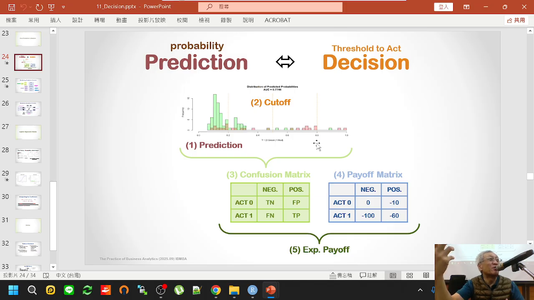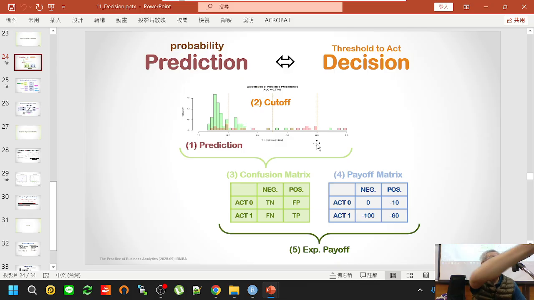The y variable has only two values, but when we call the predict function, what does it return to us? Is it 0 or 1? It's not. It actually returns the probability that y equals 1.